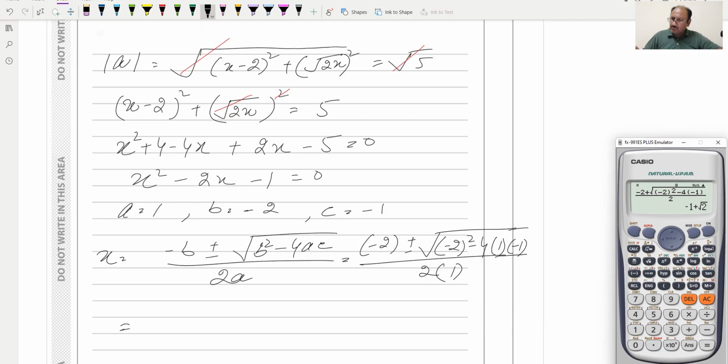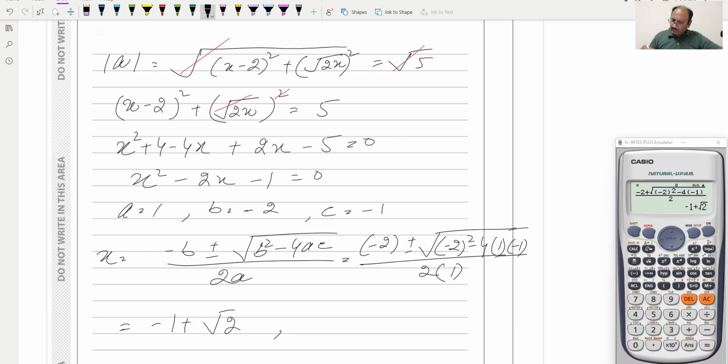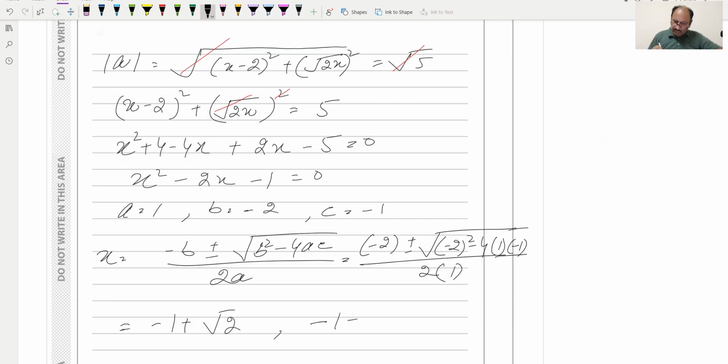This is equal to minus 1 plus root 2, this is one value, and the second value will be, when we change this plus to minus over here, minus 1 minus root 2.